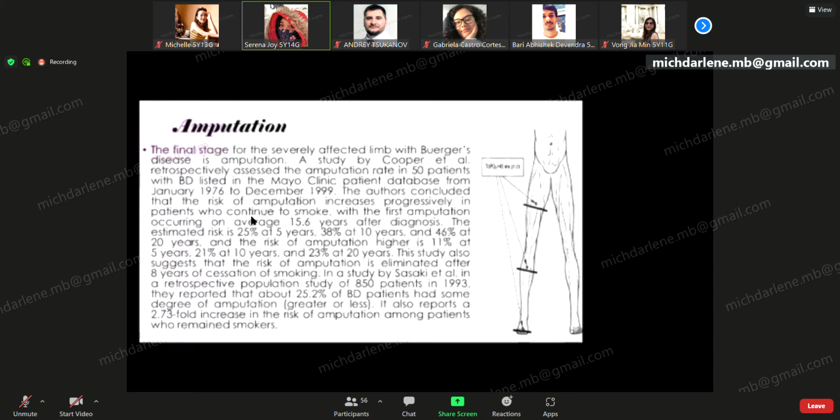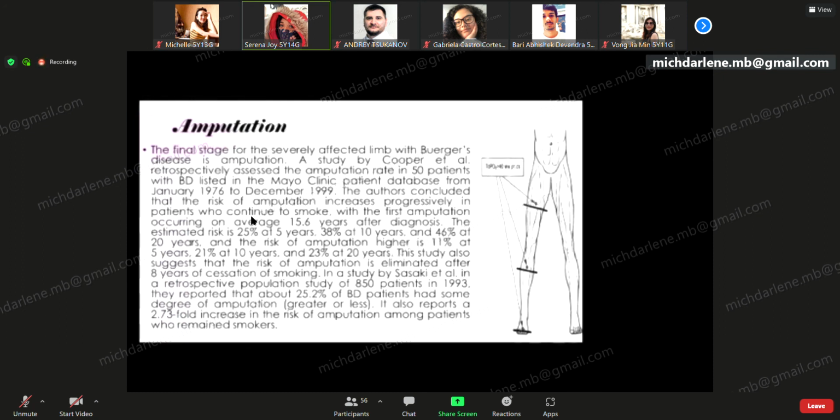The authors concluded that the risk of amputation increased progressively in patients who continue to smoke, with the first amputation occurring an average of 50.6 years after the diagnosis. The estimated risk is 25% at 5 years, 38% at 10 years and 46% at 20 years.